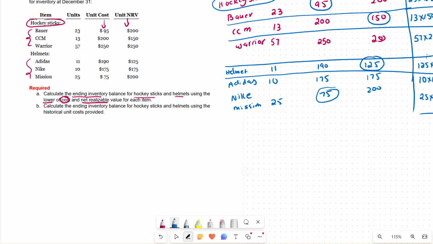The next question says calculate the ending inventory balance for hockey sticks and helmets using the historical cost. So we don't care what the net realizable value is, we just want the historical cost.